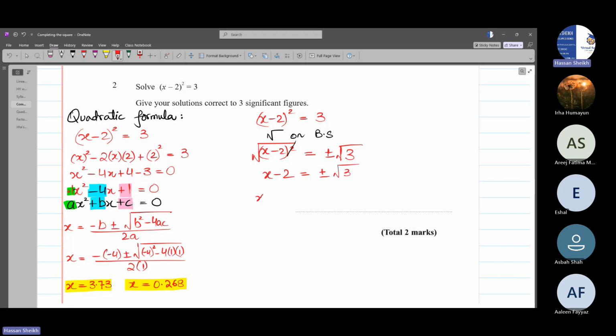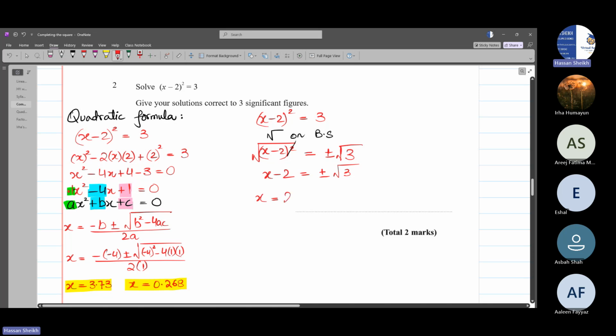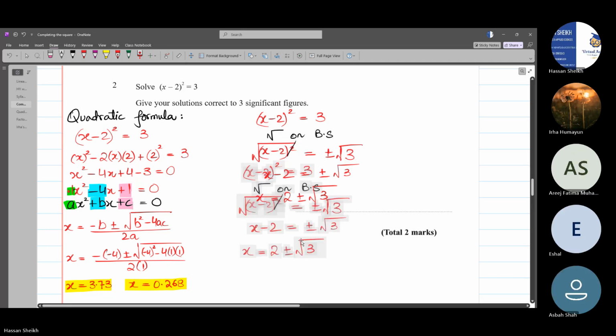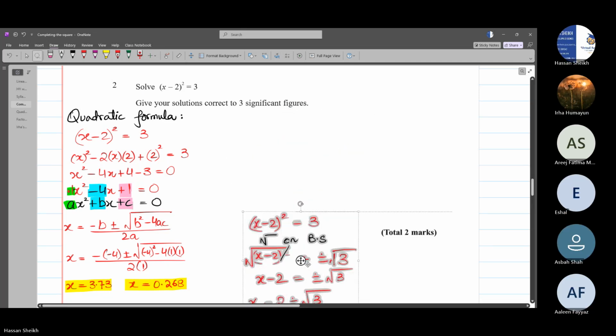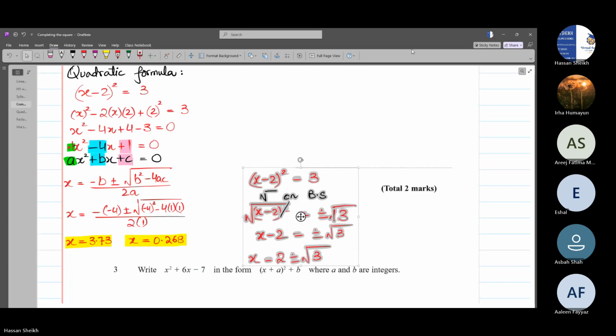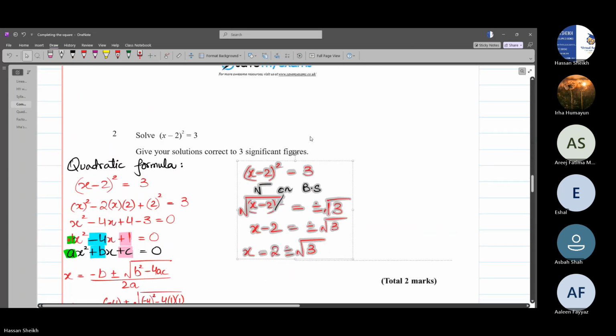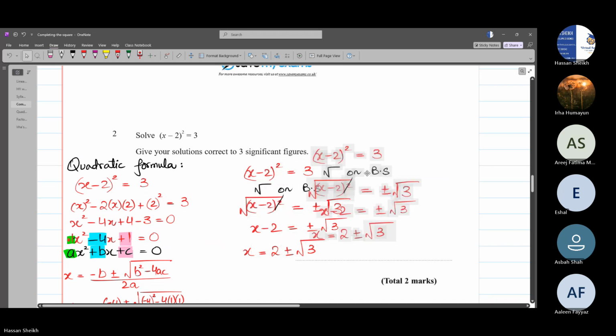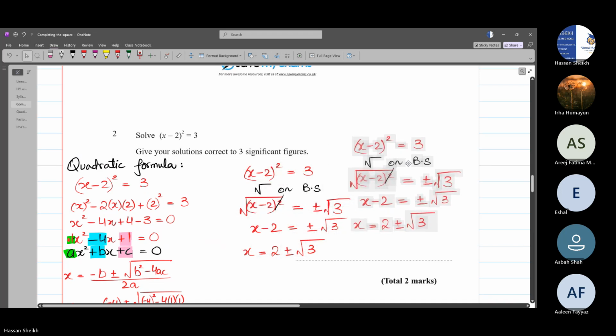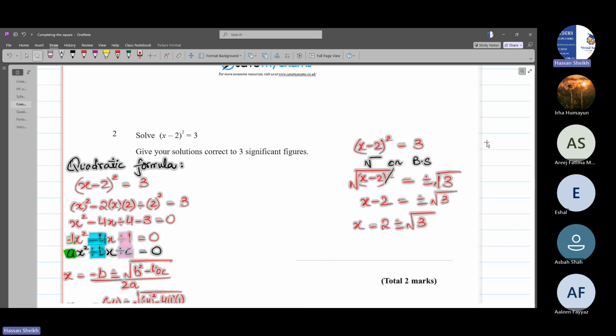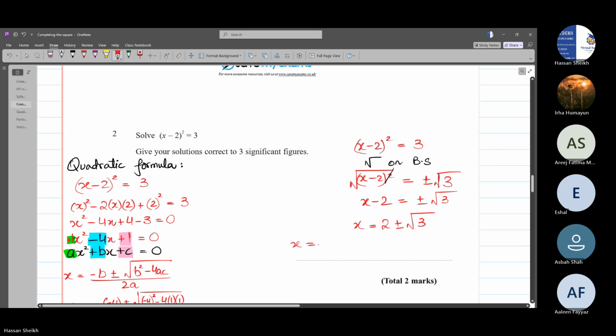And when we have two answers, x equals, minus 2 when it moves to the other side becomes plus 2. Agree? Then we have two answers. One answer is x equals the positive one.